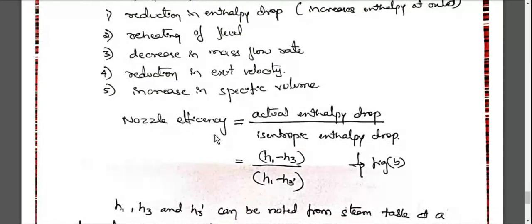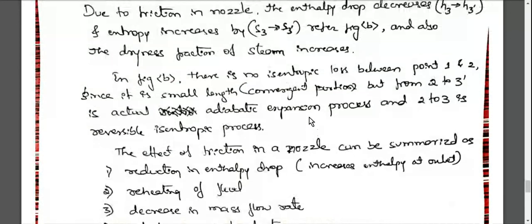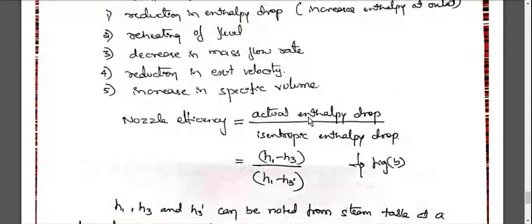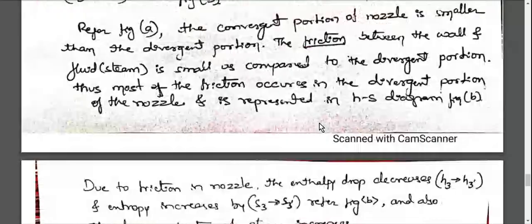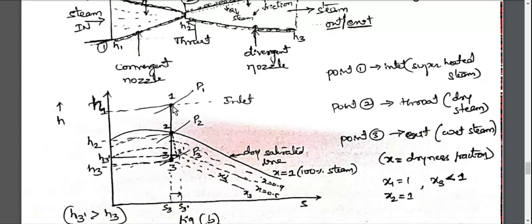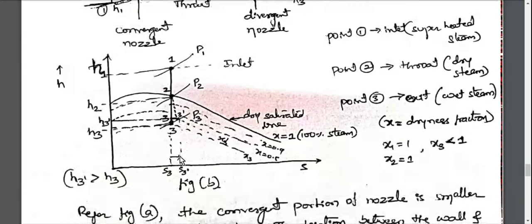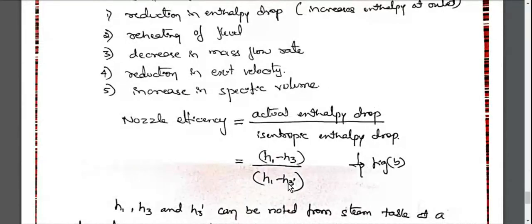Nozzle efficiency is defined as the actual enthalpy drop to the isentropic enthalpy drop. This equation will be used for solving the efficiency of the nozzle in numericals. The actual enthalpy drop is H1 minus H3 dash, and the isentropic enthalpy drop is H1 minus H3.